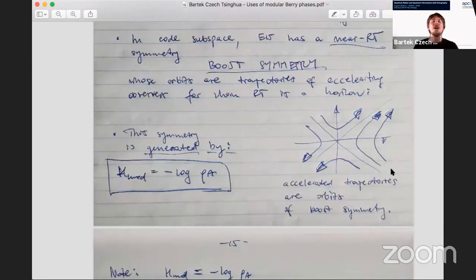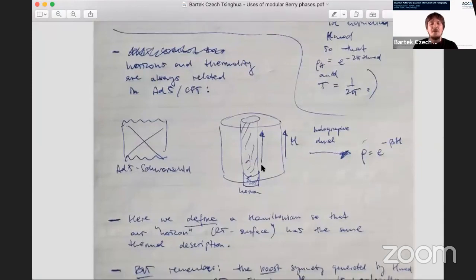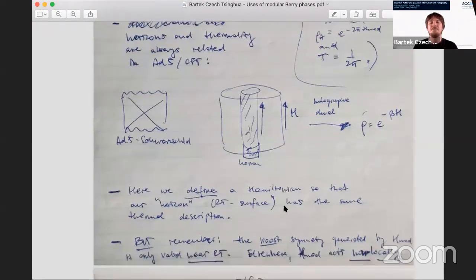I'm staying at a constant distance away from what the horizon is here. And here I'm staying at a constant distance away from what the horizon is here. And staying at a constant distance means accelerating, okay? And that boost symmetry here, from this point of view, is really just time translations that allow me to go from here to here to here and further on.